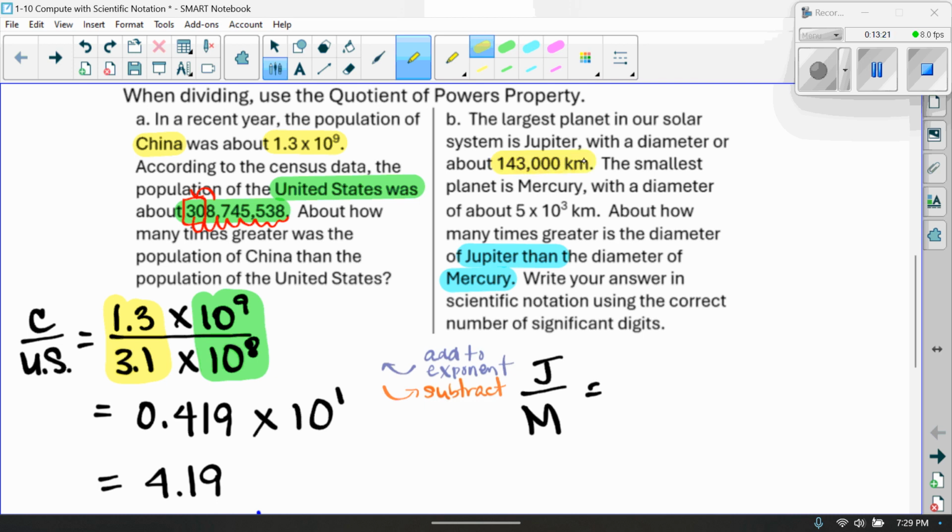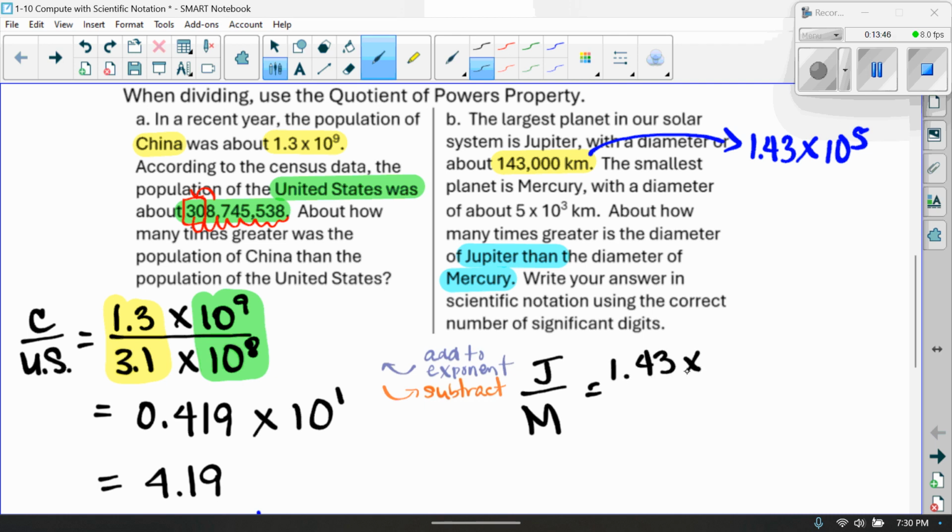We need to write that in scientific notation. So this is going to be 1.43 times 10 to the, let's see, 3, 4, 5, to the 5th. Okay? So we're going to write that for Jupiter. So that's 1.43 times 10 to the 5th.